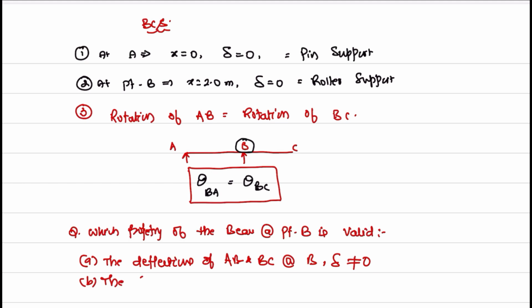B. The slopes of AB and BC at B, that is theta, are equal to 0.